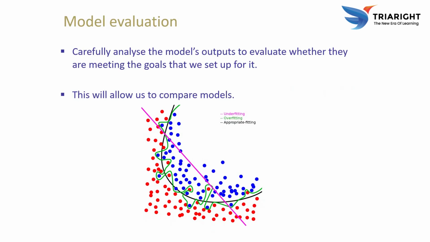This also includes a diagram visualizing the three common scenarios in modeling, which are crucial for understanding model evaluation: underfitting, overfitting, and appropriate fitting. The diagram shows a scatter plot of the data points.